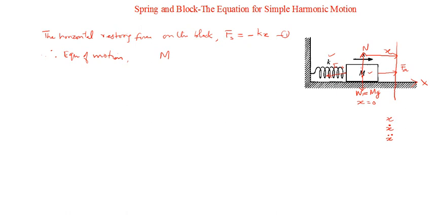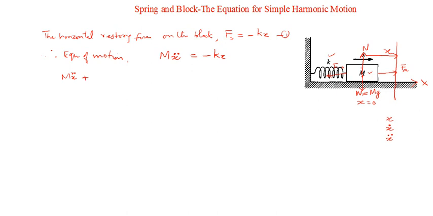Since the acceleration is along the x direction, we write it as x double dot. So m x double dot will be equal to minus kx. Or rearranging, I can write this as m x double dot.